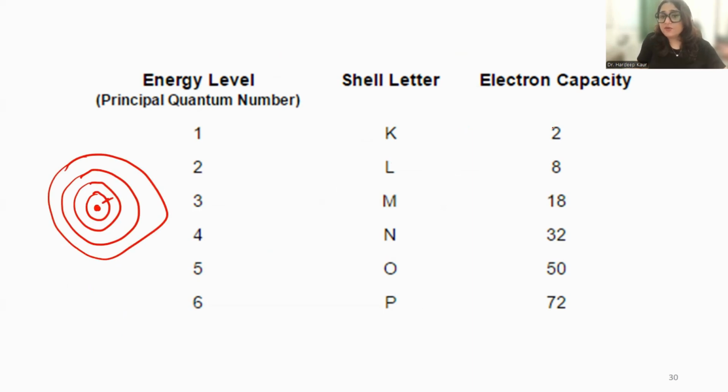The first shell contains only 2 electrons, then 8, then 18, then 32, then 50 and 70. As the number of shells increases, the electron capacity also increases.